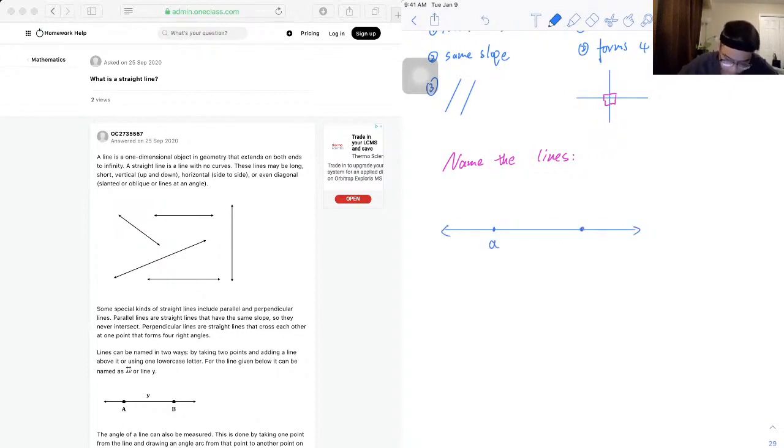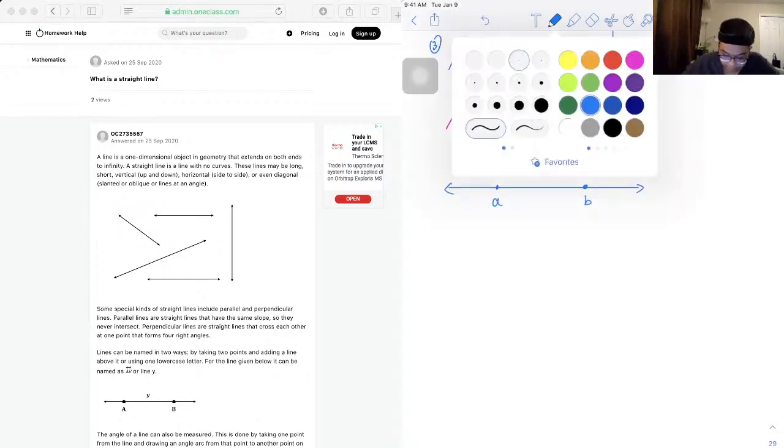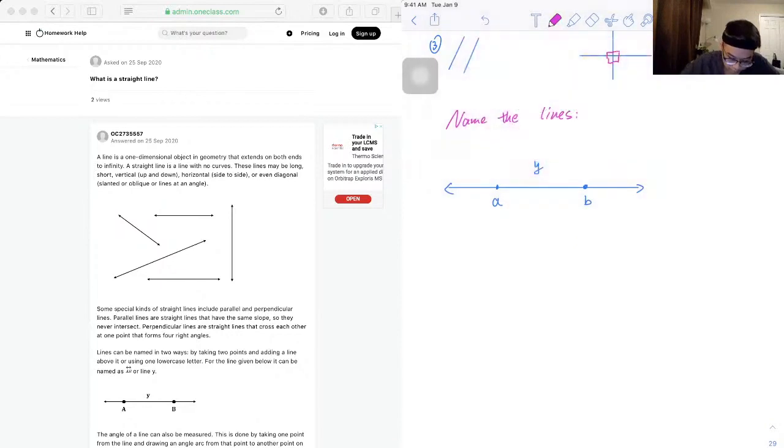And there are 2 points, A and B, and a label Y. The first way of naming it is taking the 2 points and adding a line over them. The second way is using one lowercase letter.